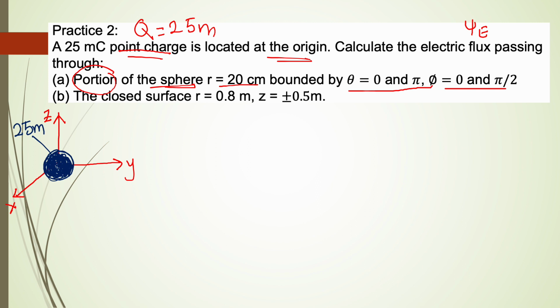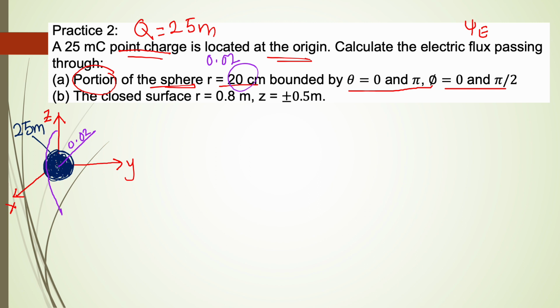We need to find the electric flux through a portion of the sphere, so let's draw it. R is equal to 20 centi, remember it is centi, so it's going to be 0.02. This is the R, 0.02, and theta starts from 0 here.